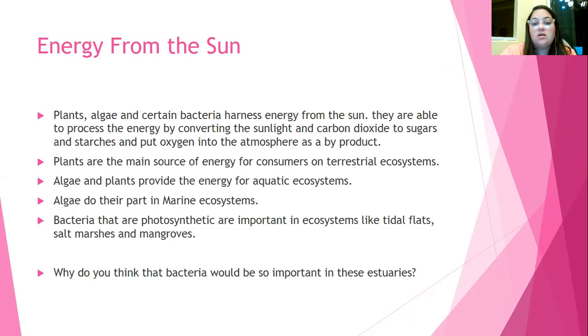Algae and plants are for aquatic ecosystems, and then algae do most of the heavy lifting when it comes to creating oxygen and feeding their ecosystems in marine ecosystems. And then bacteria that are photosynthetic are very important in ecosystems like tidal flats, salt marshes, and mangroves.